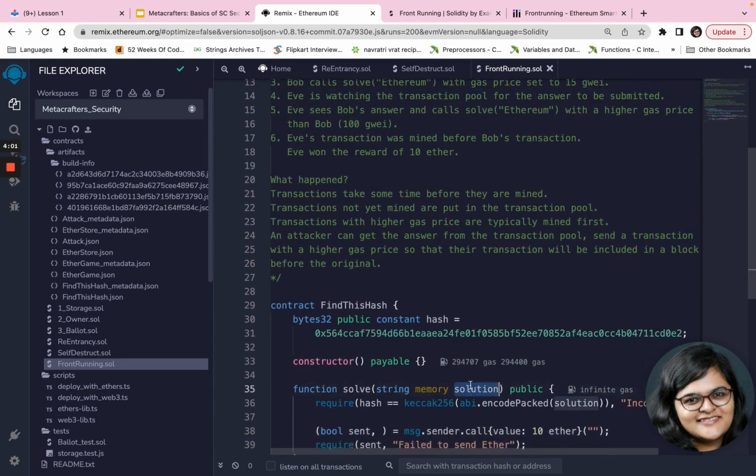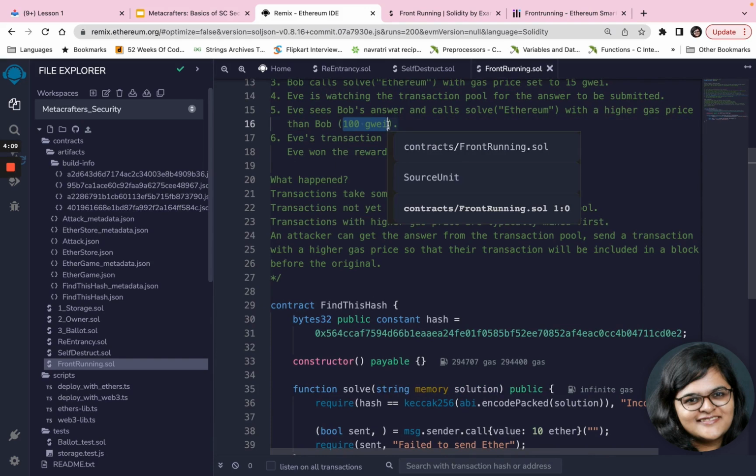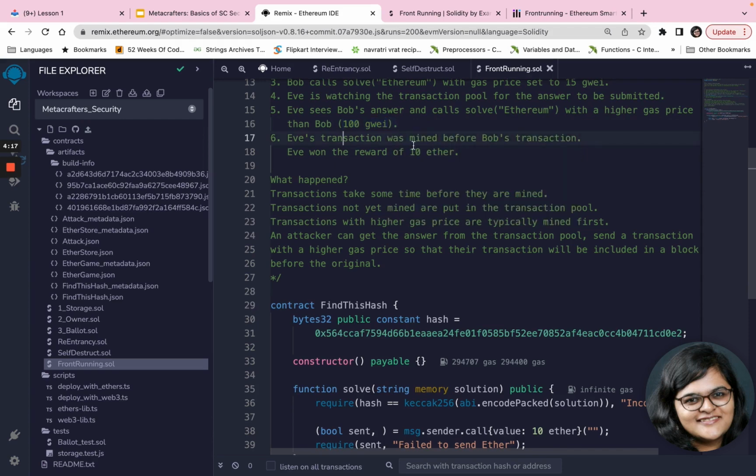Eve sees that the answer that Bob submitted is Ethereum, and Eve submits the same transaction with a higher gas price. Now, as we know how the network works, right? If you submit the same transaction at the same instant, the one that's having a higher gas price will be mined. Miners are going to pick this, right? So miners will pick the transaction with a higher gas price, which will be mined before Bob's transaction. Now, Eve won the reward of 10 ether.